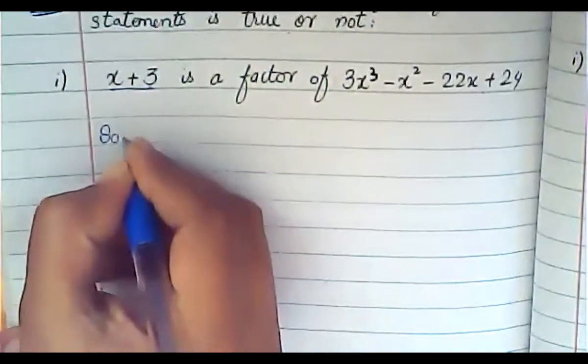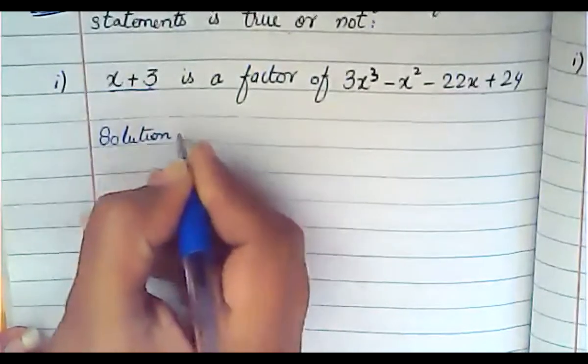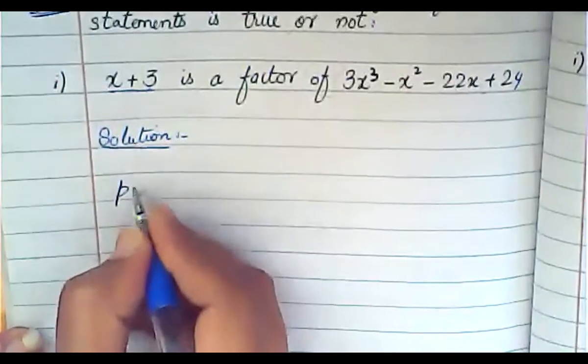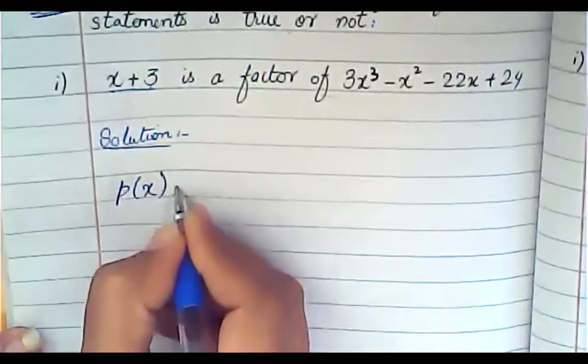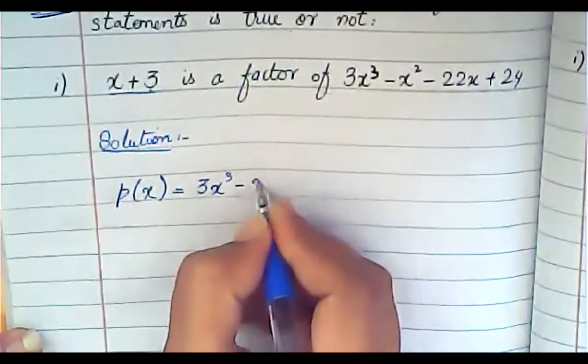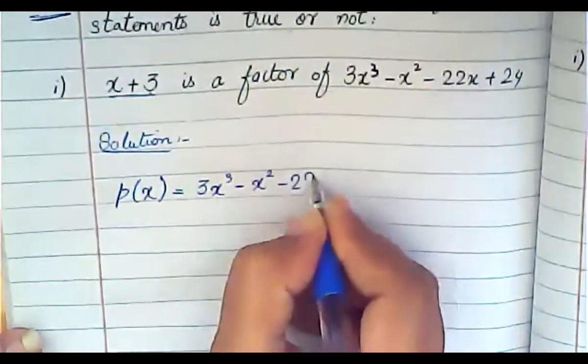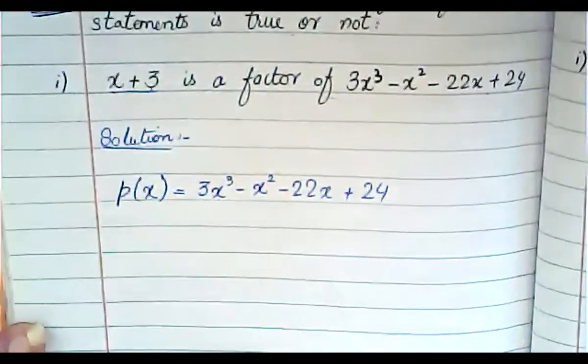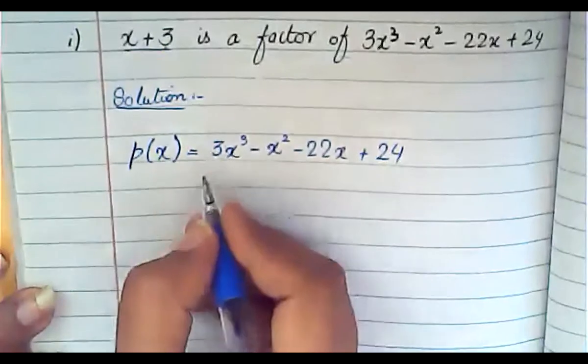So how will you start? First you will write this expression as a polynomial P of x, which is equal to 3x cube minus x square minus 22x plus 24. Right? Now again you will decide what your x is here.